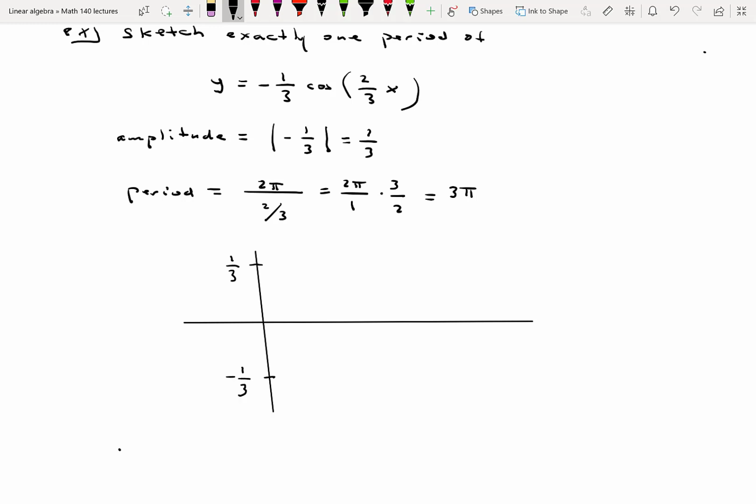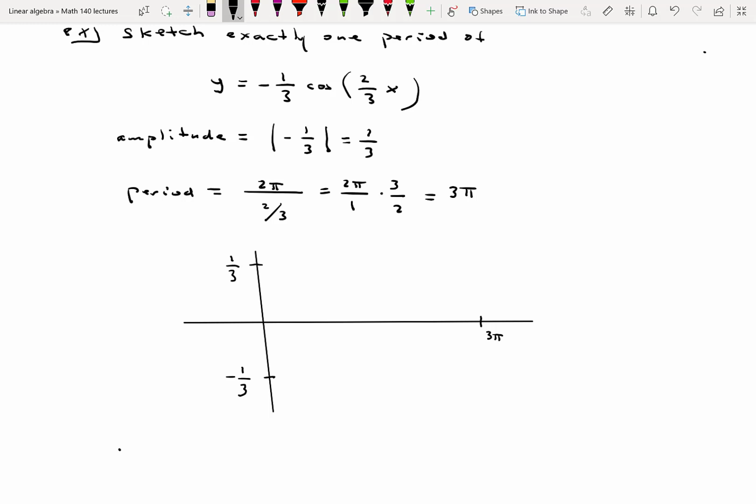And then to graph the function, mark off the period. The period is 3 pi, so we're going to choose to call this 3 pi. And then what I would like is the starting point for one period and the ending point for one period and 3 points in between.